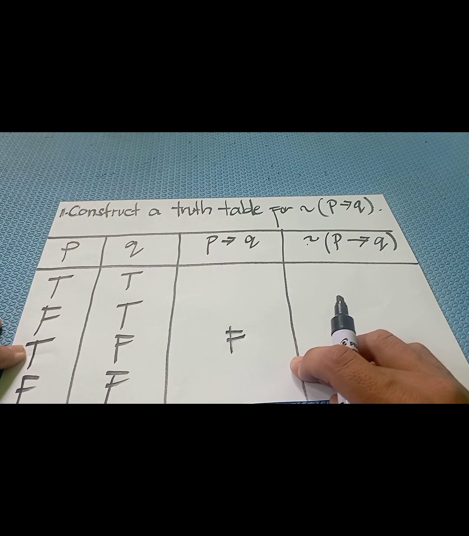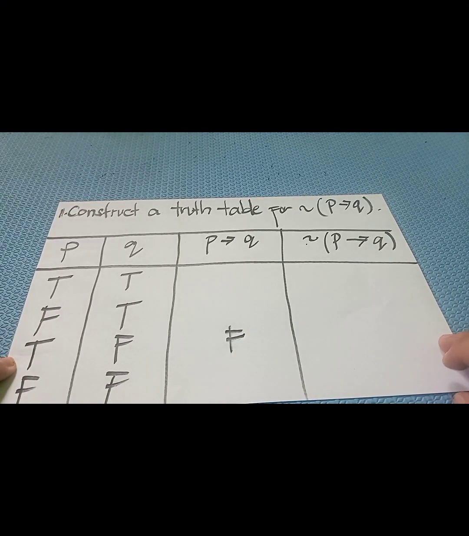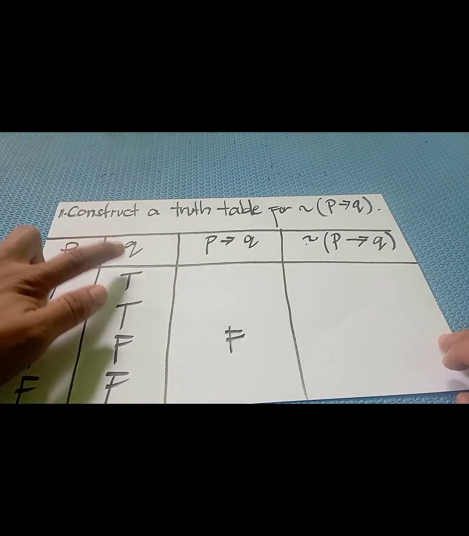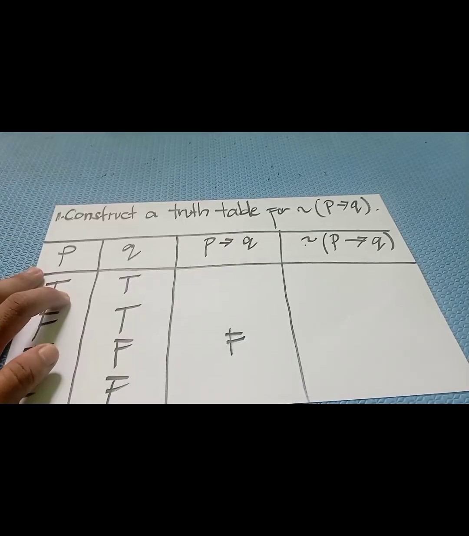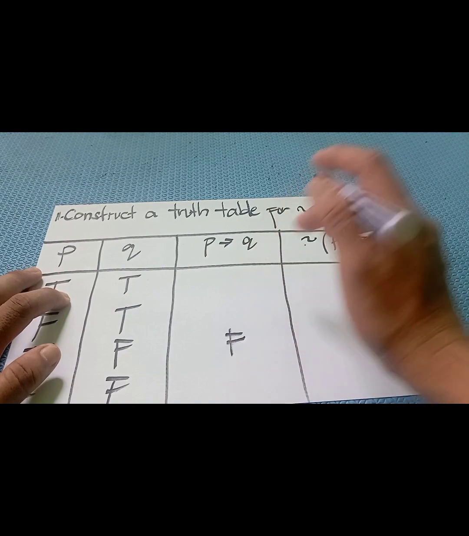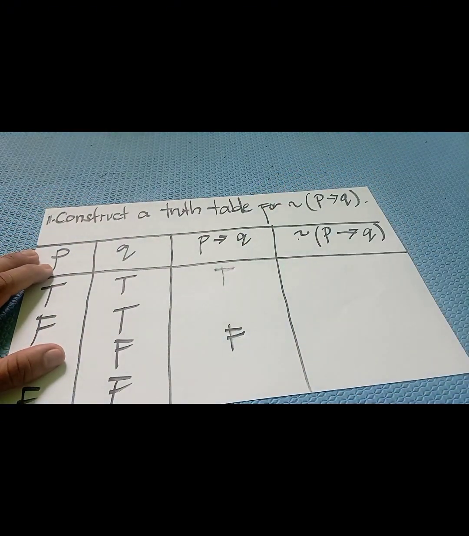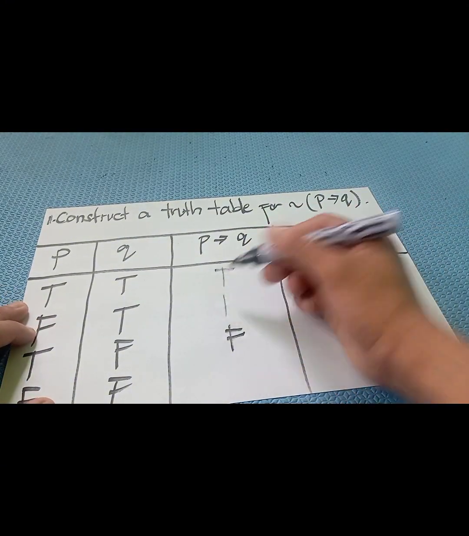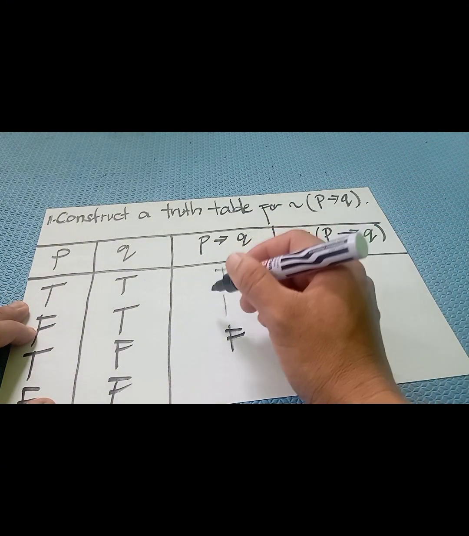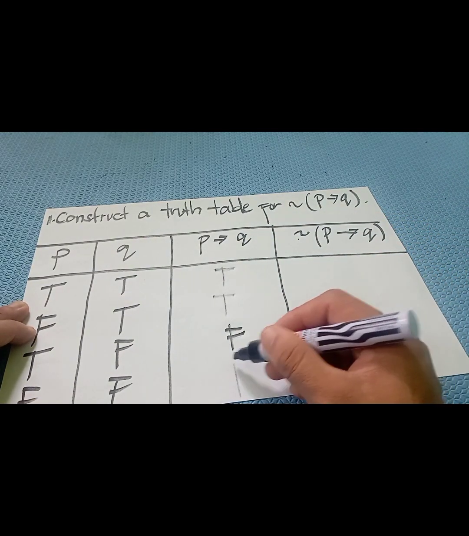This applies in the conditional way. Then, if the P and Q statements are true, the P implies Q becomes true, and so on. This is true and true.